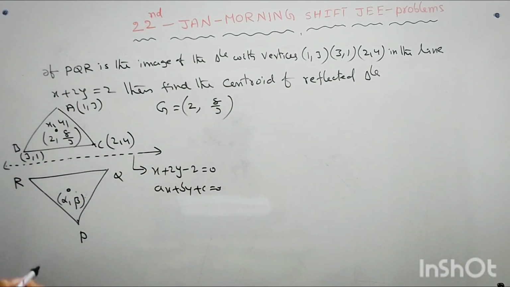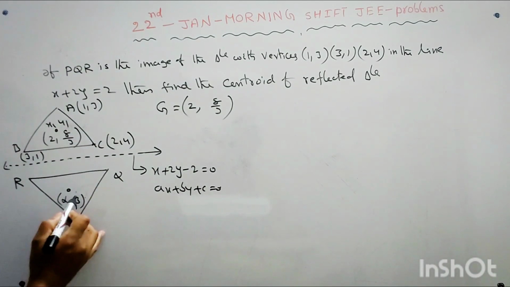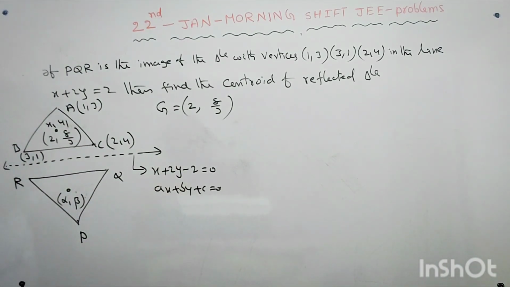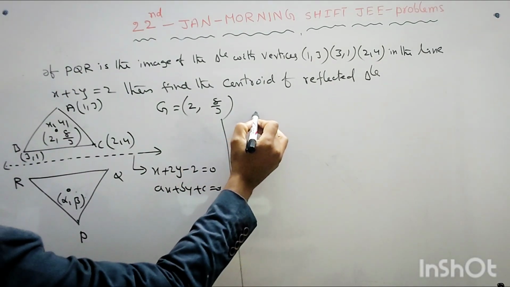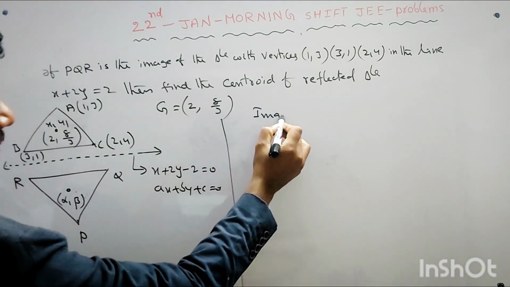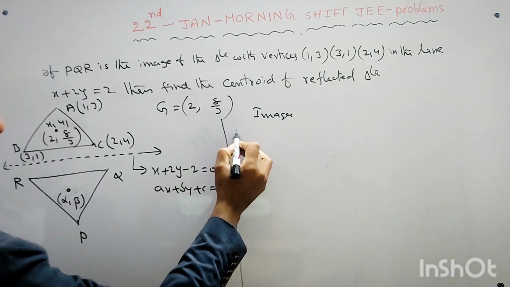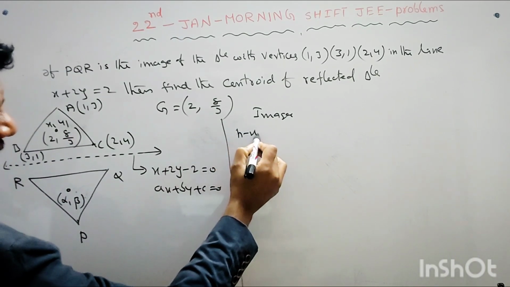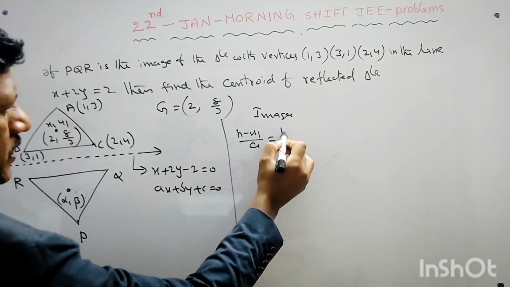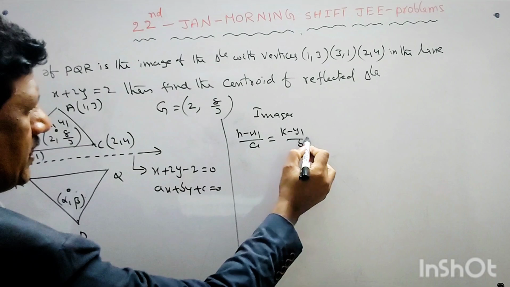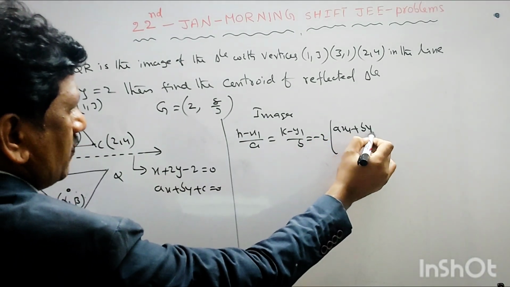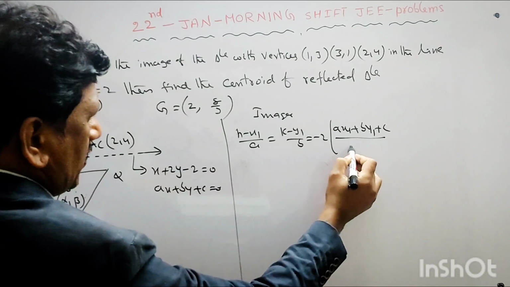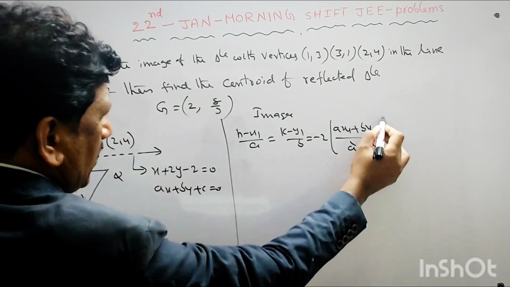Then use the image concept to find the alpha comma beta point. What is the image formula, students? The image formula: h minus x1 by a is equal to k minus y1 by b is equal to minus 2 into (ax1 plus by1 plus c) by (a square plus b square). This is the image formula.